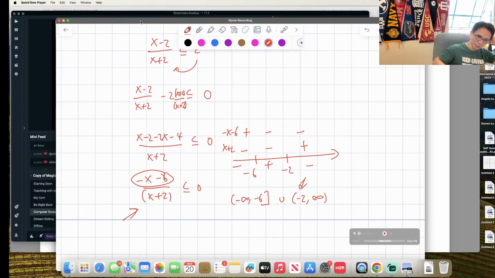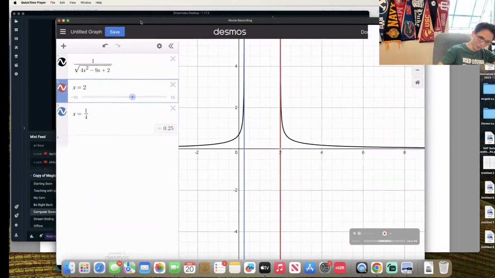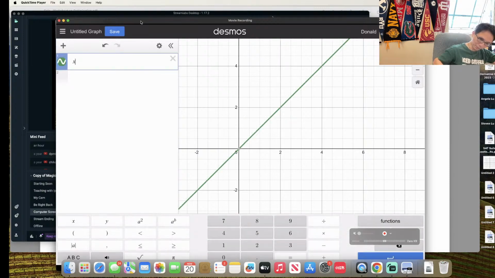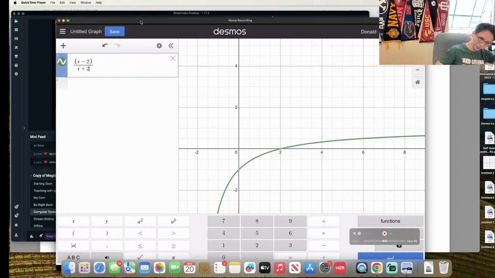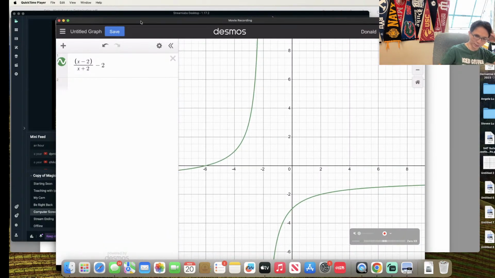Now, this question you can check with the graph as well. So x minus 2 over x plus 2, and minus 2. And you're looking at where the graph is below the x-axis.